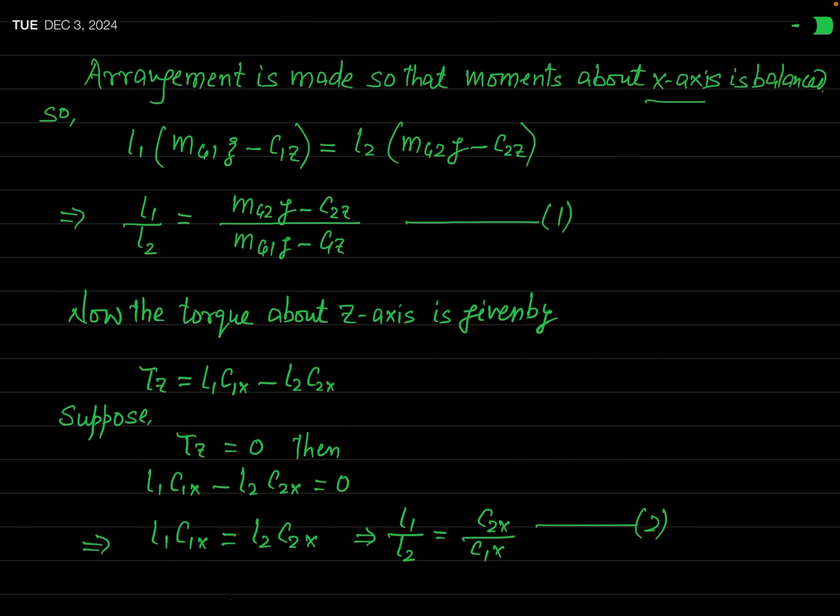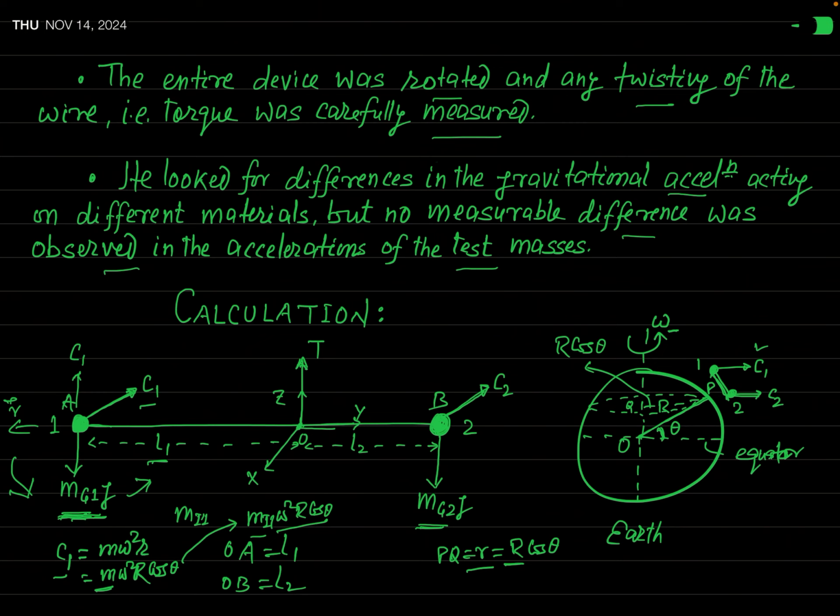If we consider that this is C1z, then the torque due to this C1 about O, or with respect to the x-axis, will be equal to L1 times C1z.